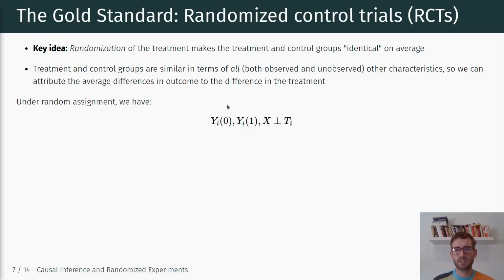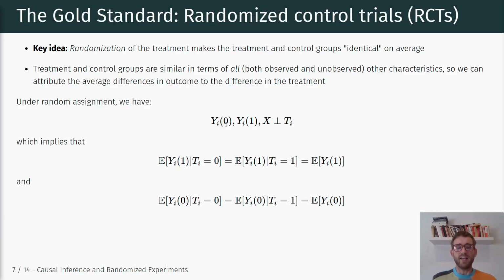So, doing this formally, under random assignment, what we can say is that the potential outcomes as well as other characteristics are independent of treatment assignment. That's T_i. Okay, so there's no imbalance. The treatment is ignorable in the sense that knowing the treatment gives us no information about other characteristics of that individual observation.